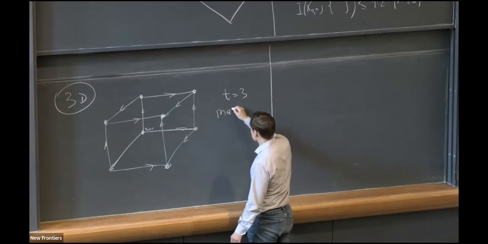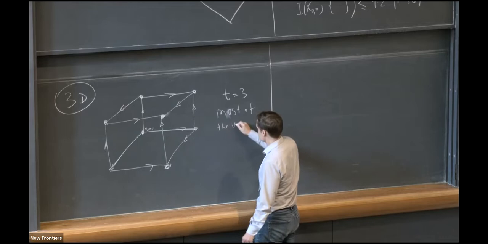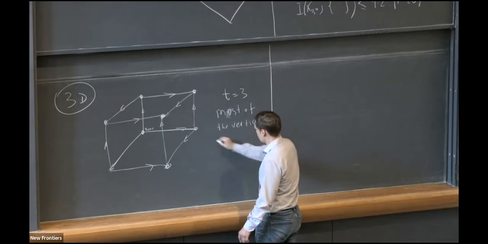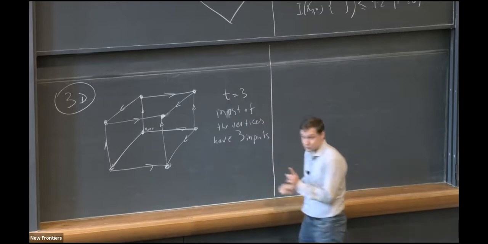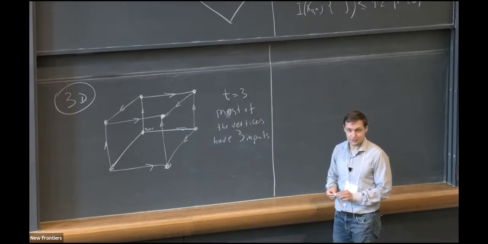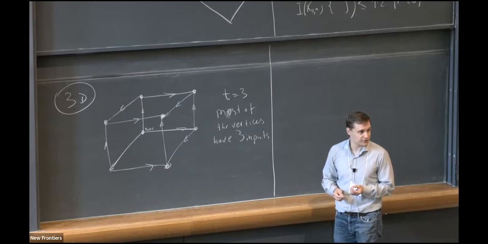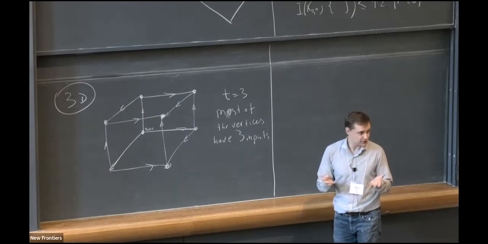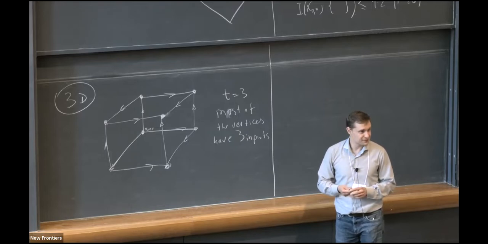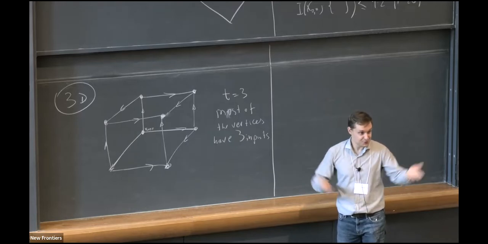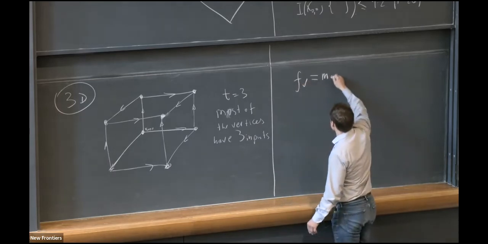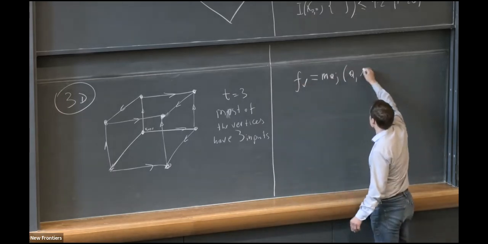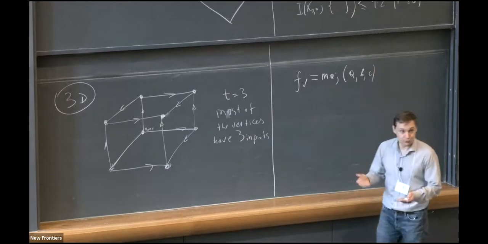So in 3 dimensions, most vertices have 3 inputs. And now for 3 inputs, there is a very nice Boolean function of 3 inputs, which is what? Can anybody suggest? Majority, of course, indeed. So if you take F_v to be the majority of the 3 inputs, it's beautiful because notice what happens.